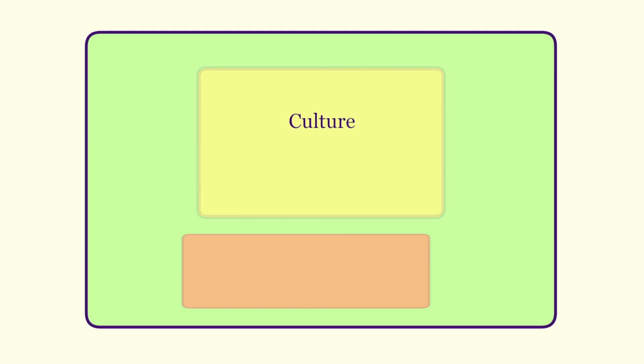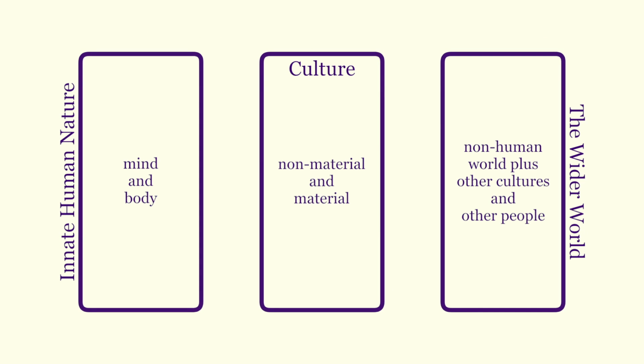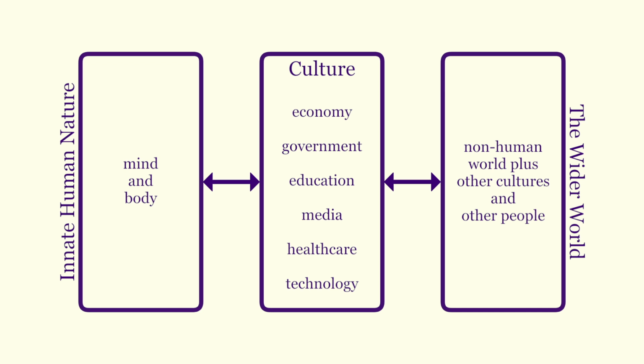If we rearrange and simplify, we get a diagram that we can use to convey the essential features of the culture as interface perspective. A viable culture needs to mesh with both sides, and viable parts of culture, like institutions, also need to mesh with both sides as well as with the other parts of the culture.